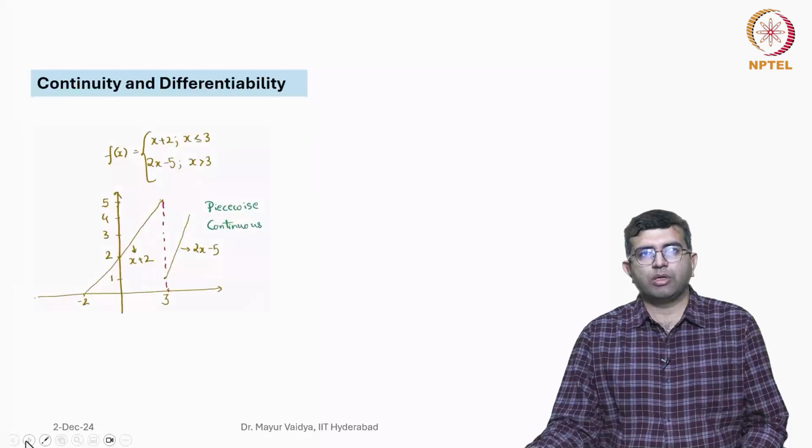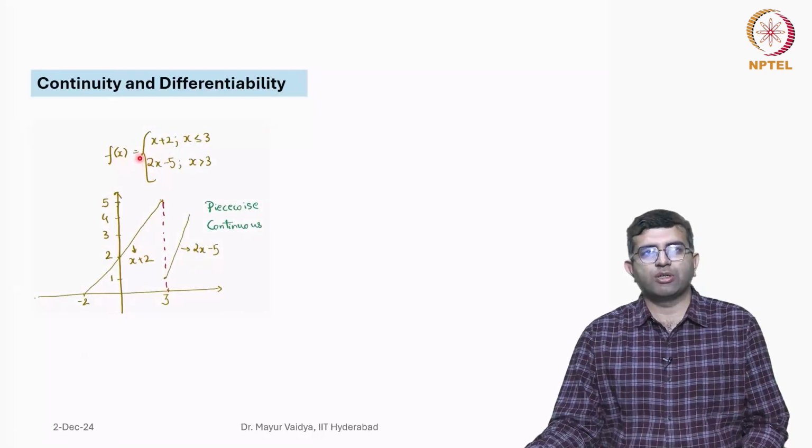Whereas, for example, take a look at this function: f of x equal to x plus 2 when x is less than or equal to 3, and 2x minus 5 for x greater than 3. Here, at x equal to 3, when we evaluate the limits, anything less than 3 you get from x plus 2, so this is 5, whereas anything slightly greater than 3, you have to use 2x minus 5, which will give you the limit as 1.